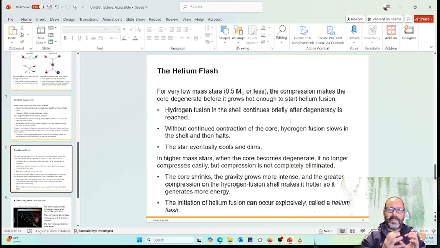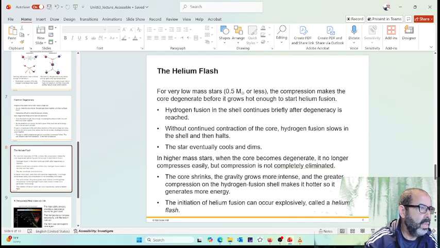Whereas for a big massive star, the collapse will increase the temperature for helium to fuse, and that goes through several stages.